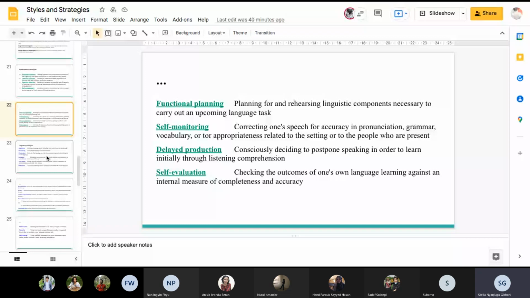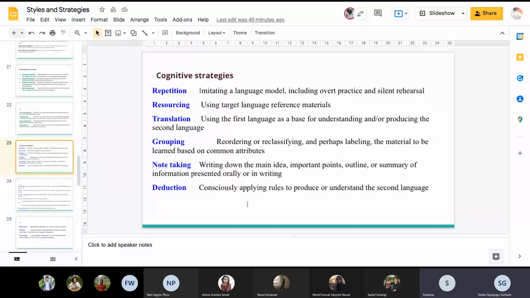Then you have now the cognitive. These are some of the tasks that might be done while a learner is going on with the cognitive strategies. One is repetition. I'm sure even you as learners at some point in your life, or even with your learners, you might have had this strategy. You imitate a language model.